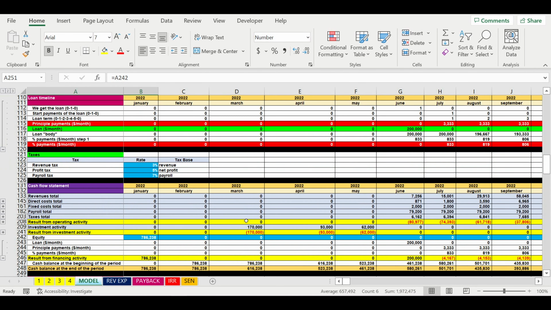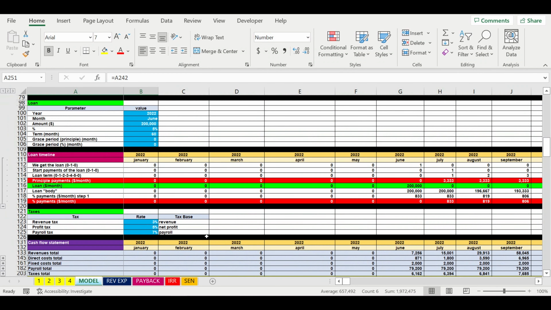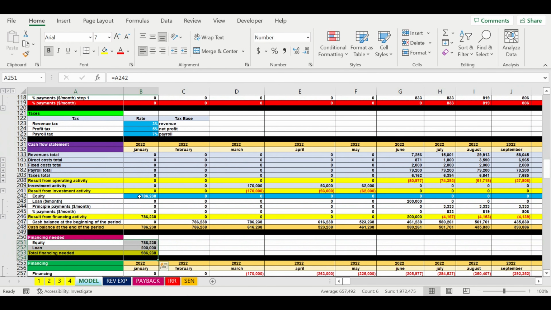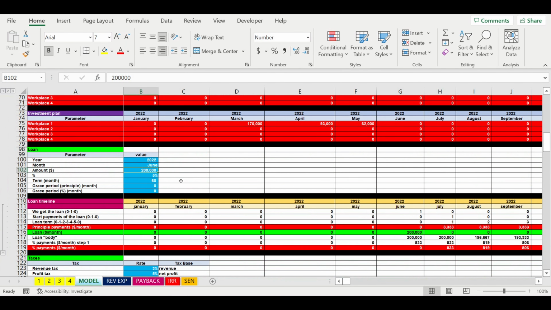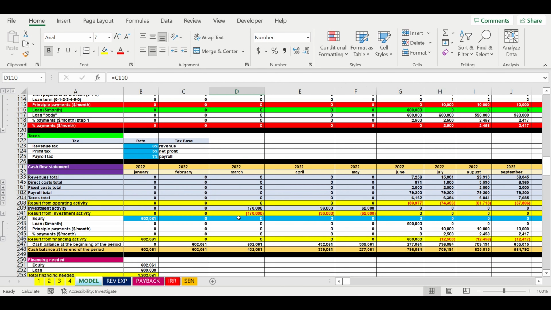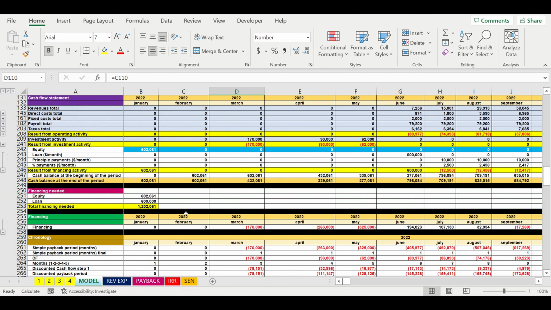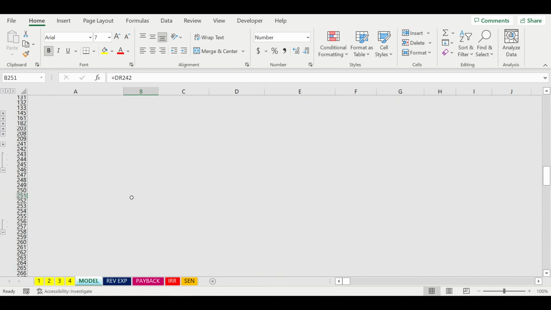For example, in this case we will need this amount of equity, this amount of loan. But if we want to increase the amount of loan, the model will recalculate the amount of financing that we need from equity.